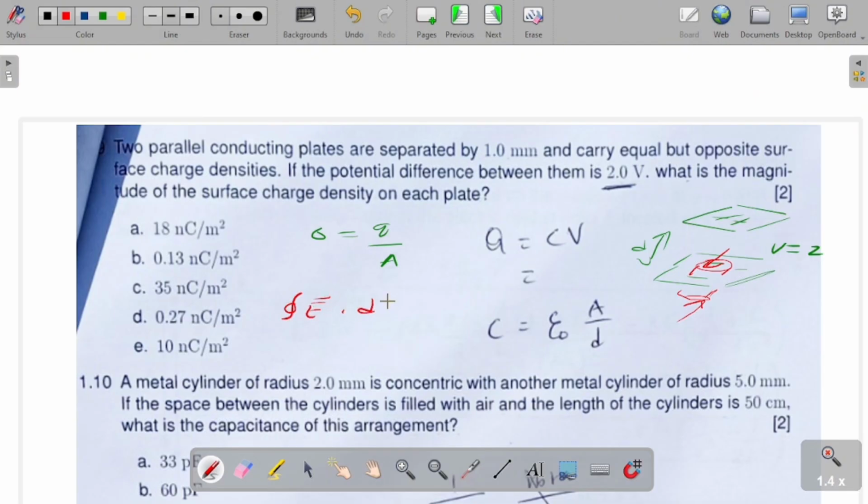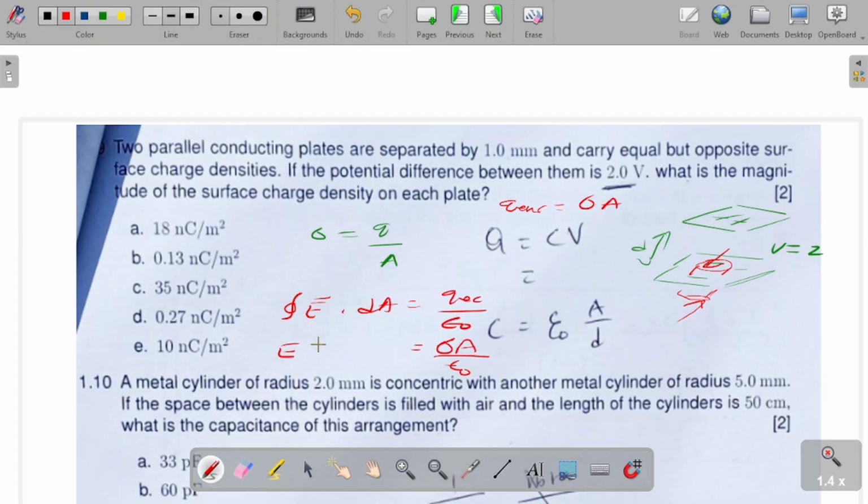E dot dA is Q enclosed over epsilon naught. But Q enclosed, when we have a surface, is the surface charge density multiplied by the area. So this is going to be sigma times the area, over epsilon naught.